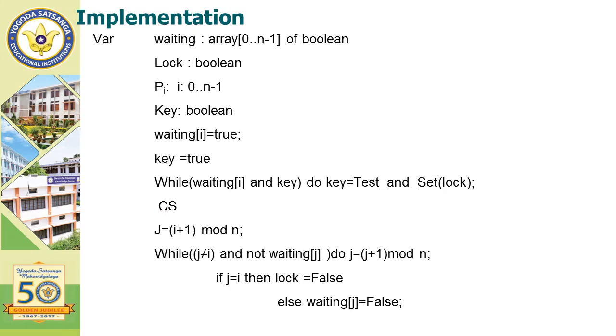This is the critical section. After executing the critical section code, it goes to the exit section. It makes j equal to i plus 1 mod n. It increments i by 1 so that the next process can enter into the critical section.